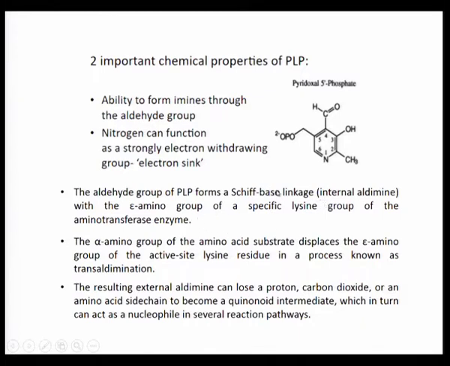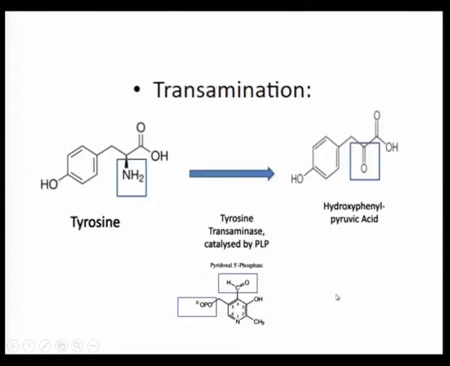As a Schiff base, it forms an internal aldimine with the epsilon amino group of a specific lysine residue of the aminotransferase enzymes. So in all transferase enzymes, you find the aldehyde group acting like a Schiff base. As you go further, you will get to know the variety of reactions that they catalyze.